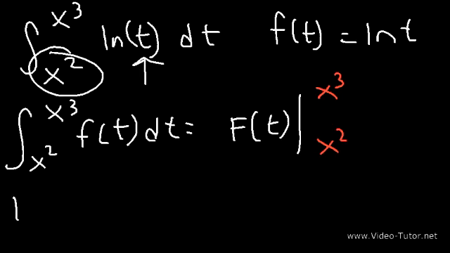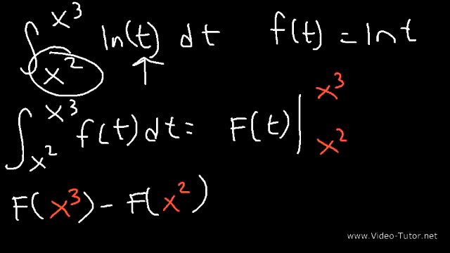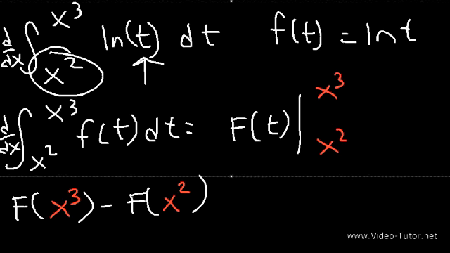So it's F of x cubed minus F of x squared. Oh, let's not forget the derivative. Very important. It's supposed to be there. I just forgot to write it.